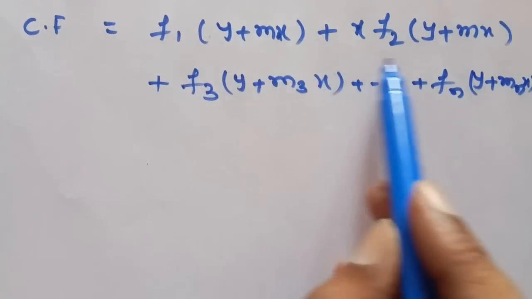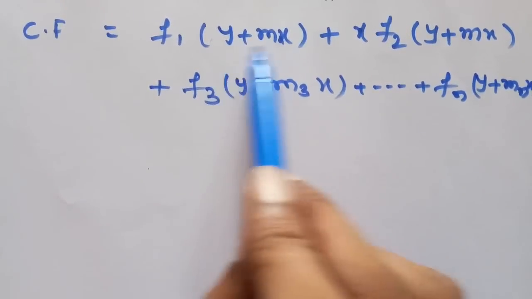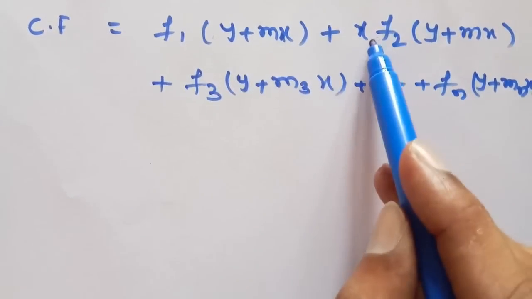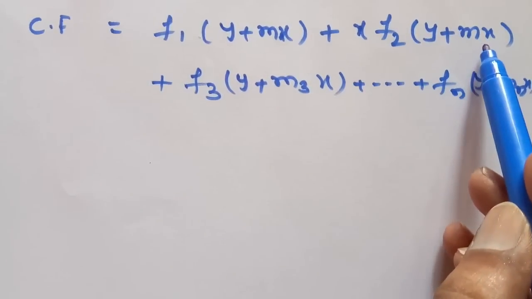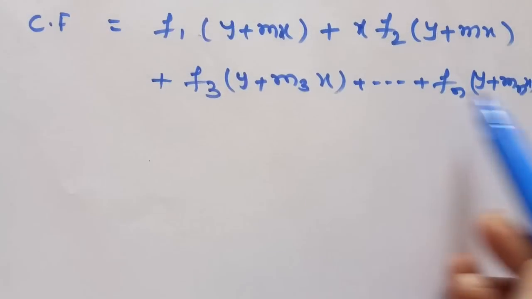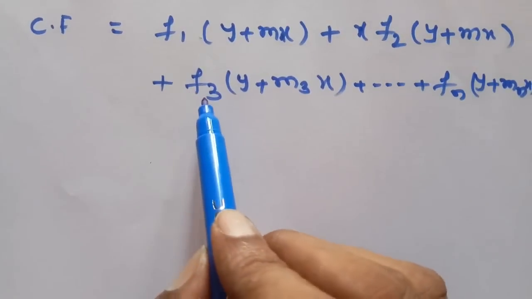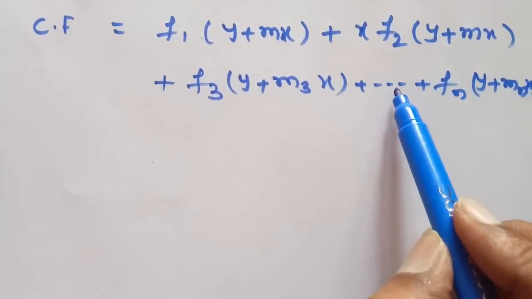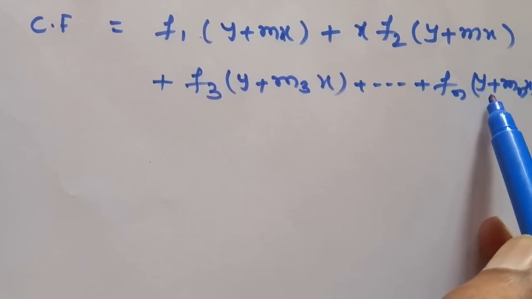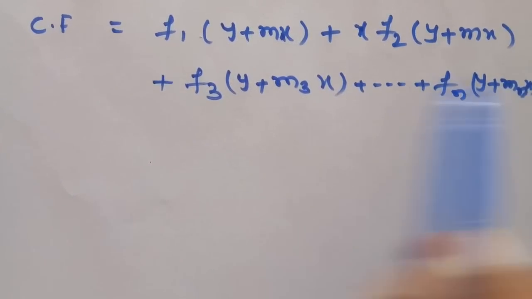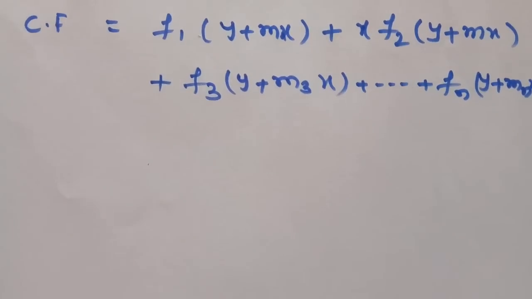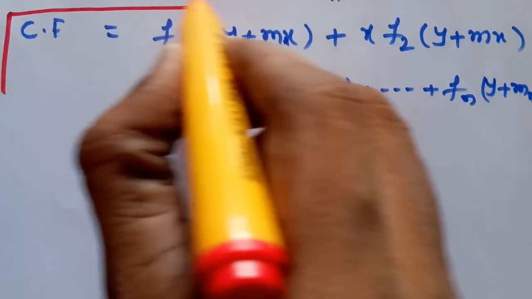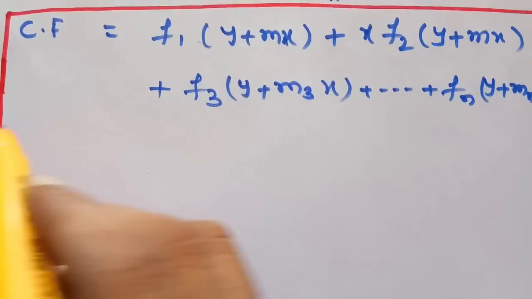In the case of two roots being equal, m1 equal to m2 equal to m, we write f1 of y plus mx plus x into f2 of y plus mx, and from the third root onwards they are different, therefore we write f3 of y plus m3x plus f4 of y plus m4x plus, and so on, fn of y plus mnx. This is the complementary function in the case of repeated roots.